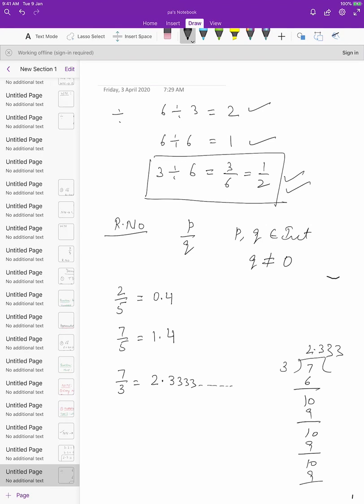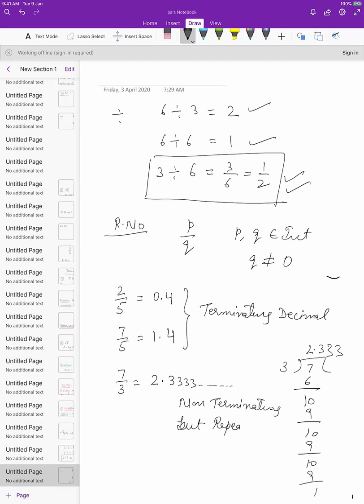It will never stop. So, these two types of decimals which stop after some time are known as terminating decimals. Terminate means which stop after some time, and the others are known as non-terminating, but they are repeating.